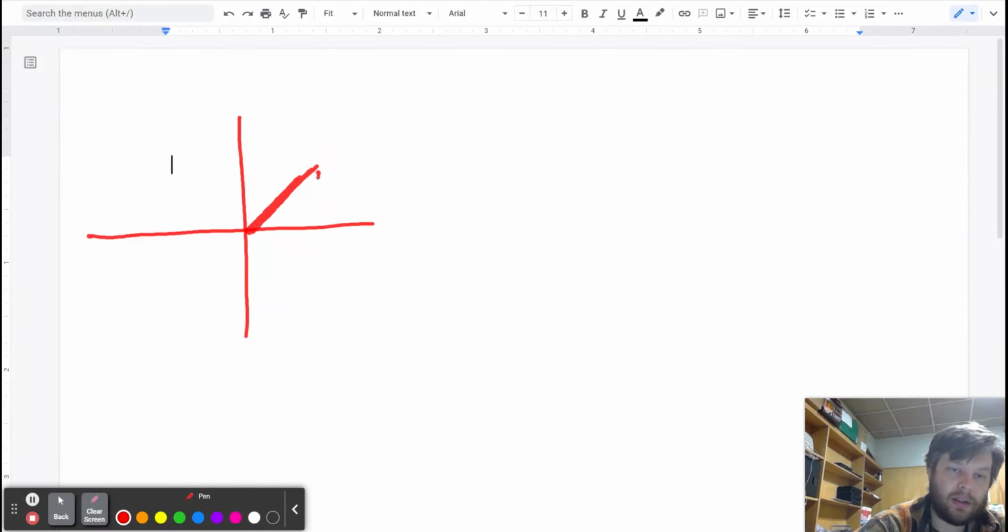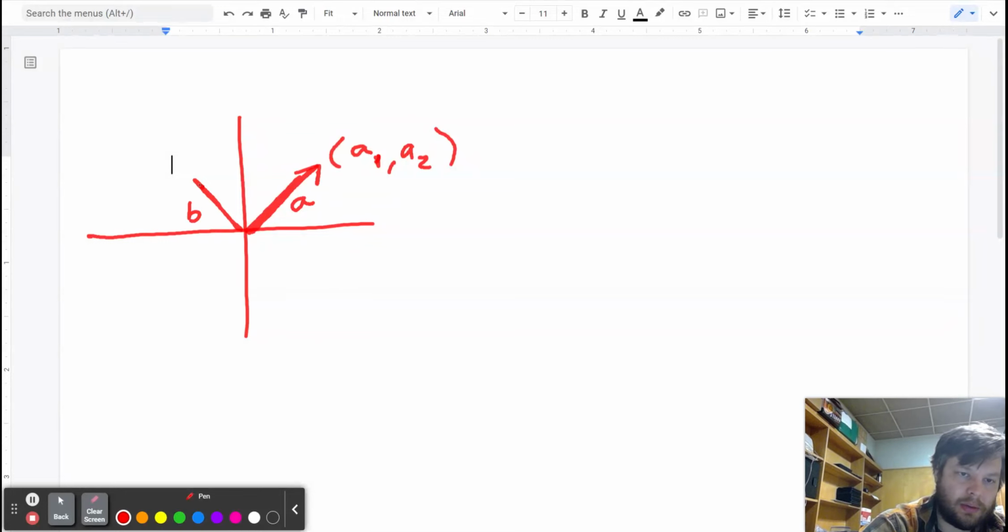So here vector A is ending at a certain point, A1, A2. We've got a vector B over here, and we can make it longer or shorter, whatever, going to the point B1, B2.